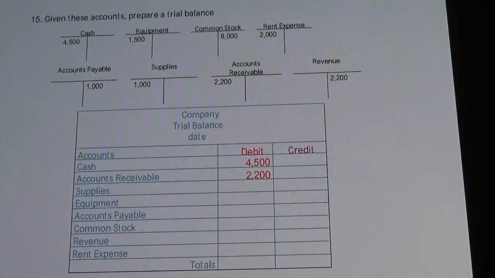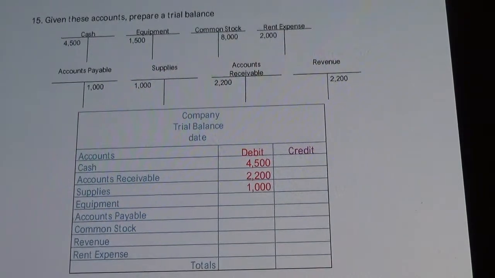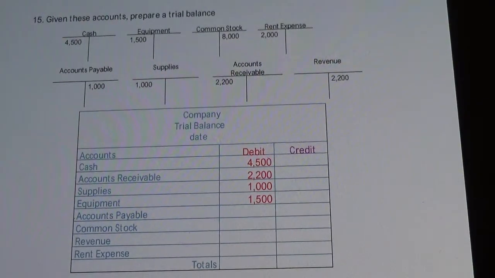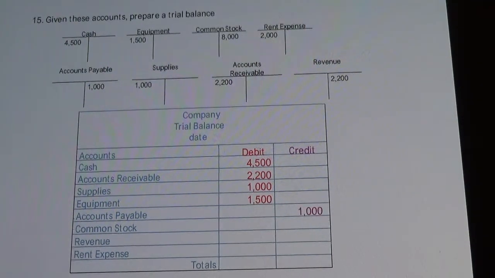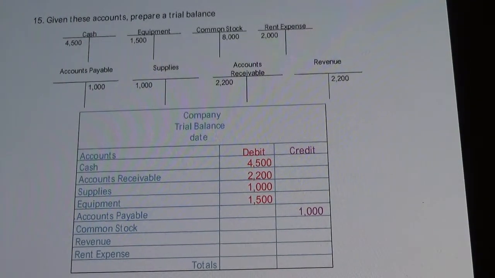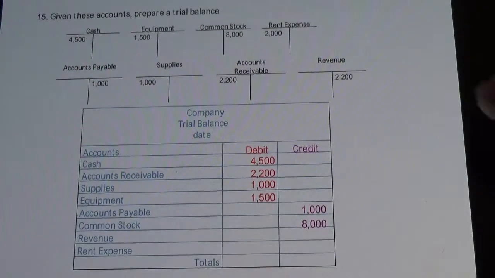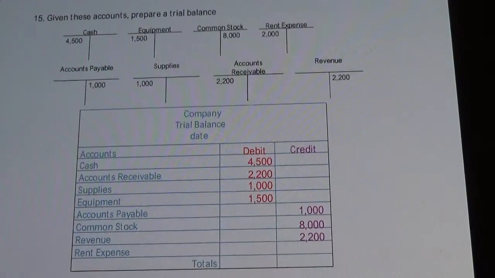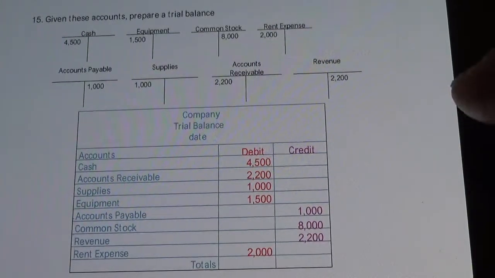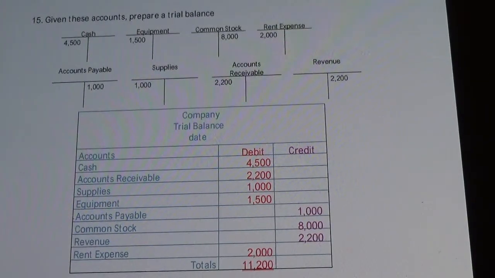Supplies is a debit balance. Equipment is a debit balance. Accounts payable is a liability, so it has a credit balance. Common stock also has a credit balance. Revenues also have a credit balance. And expenses have a debit balance.